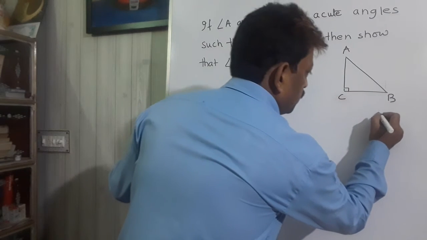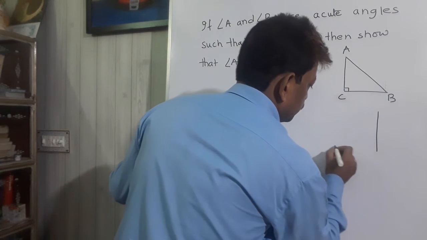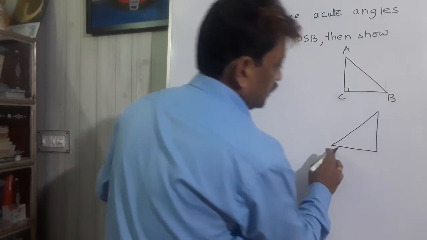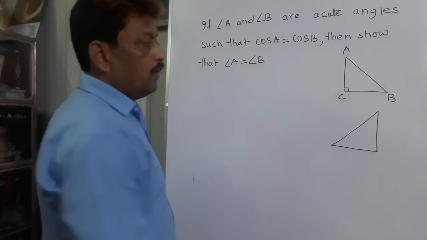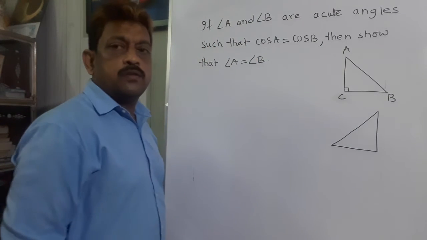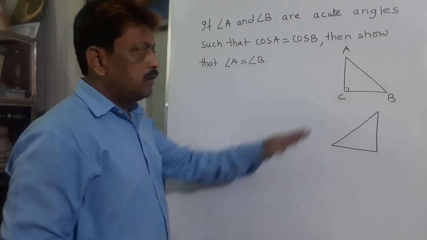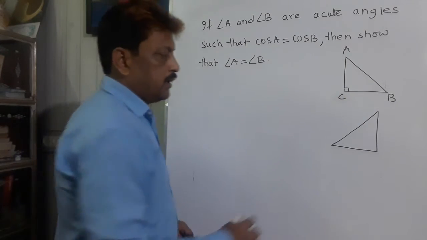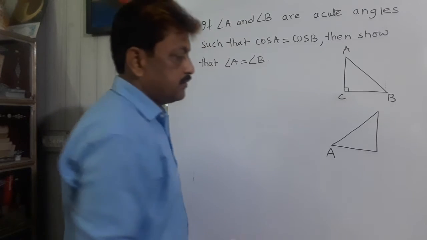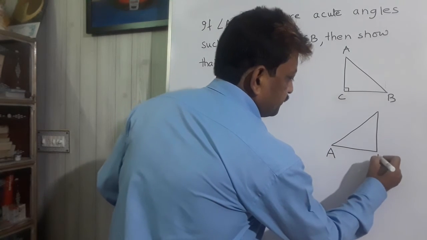Now let me draw one more triangle. In the previous diagram, acute angle B is the angle on the base, and here I am going to take angle A as the base angle.